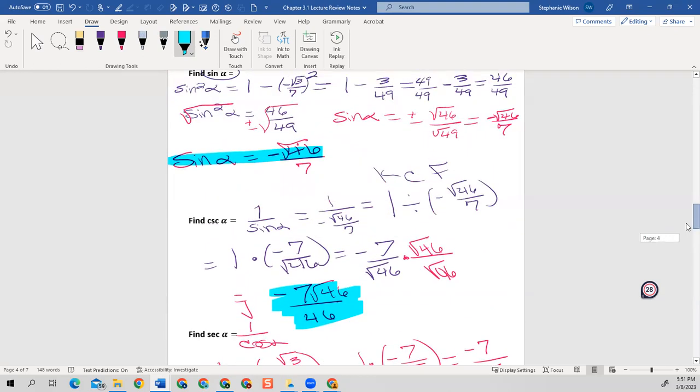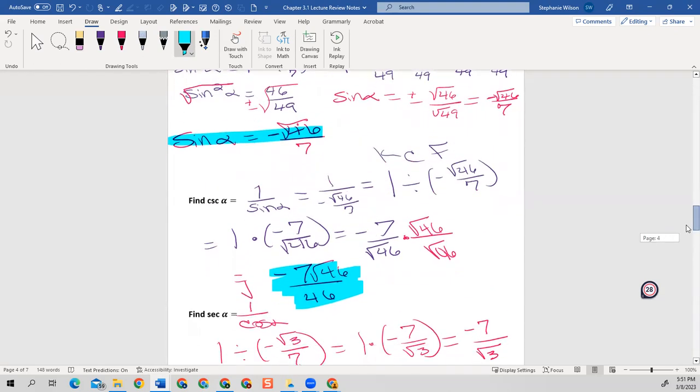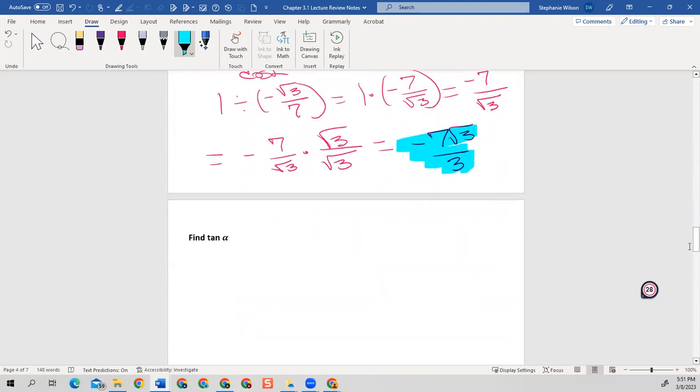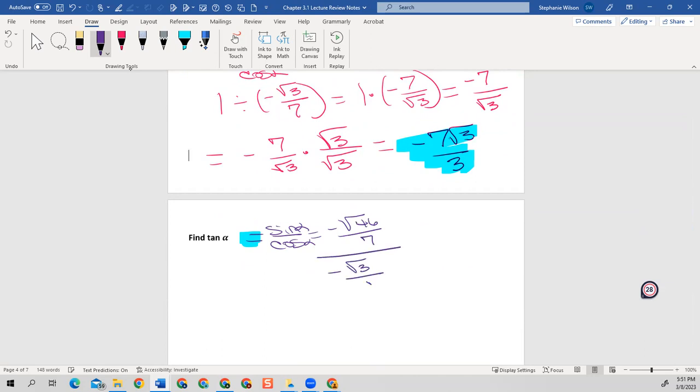All right, sine is going to be negative square root of 46 over 7. It's going to be divided by the negative square root 3 over 7.